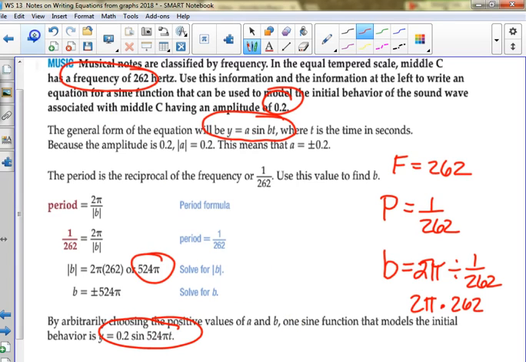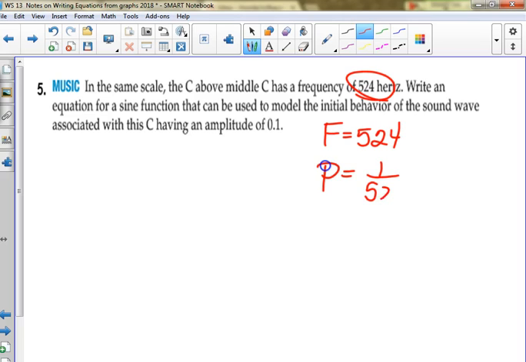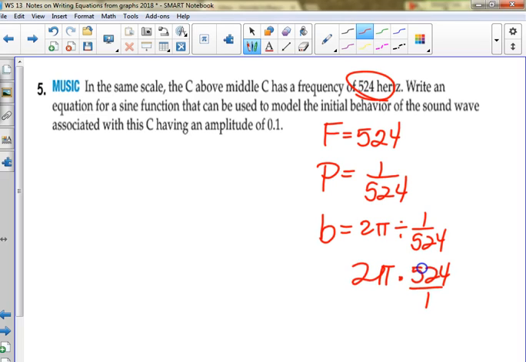All right, so I'm on 10b, number 5. The frequency is 524. So what is the period? 1 over 524. So the B value is 2 pi divided by 1 over 524, or 2 pi times 524 over 1, which is 1048 pi.